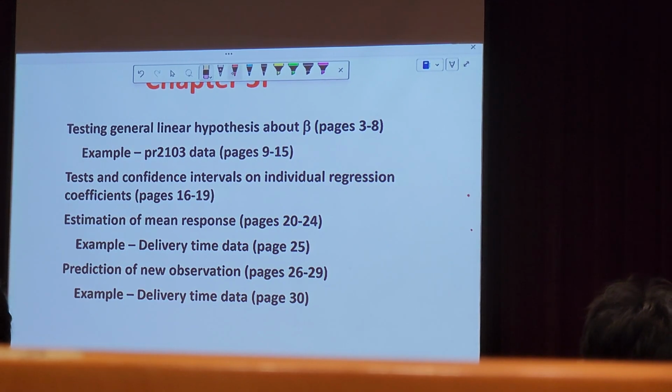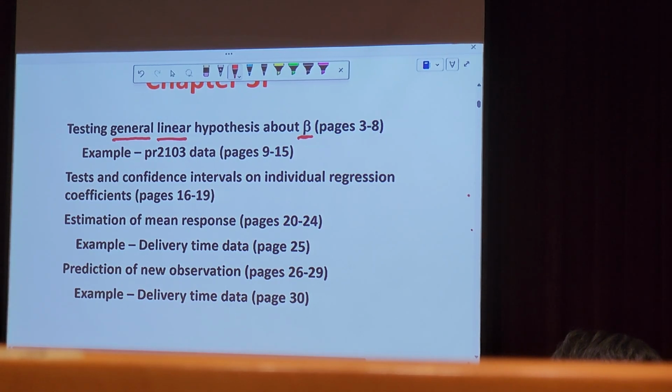Let me do a review. So today, we are testing general linear hypotheses. These are the keywords. So we're going to test linear combinations of vectors and multiple, a few of them at one go. And it's general.